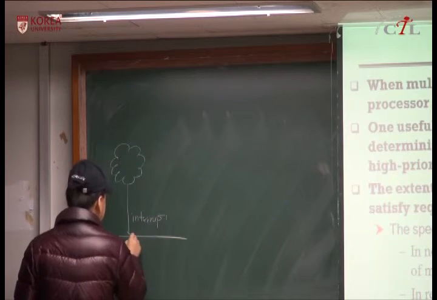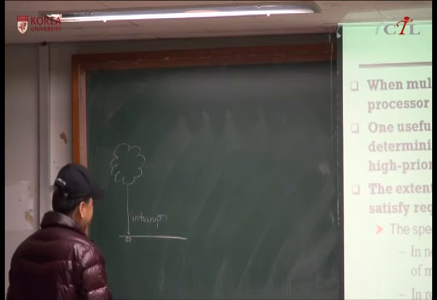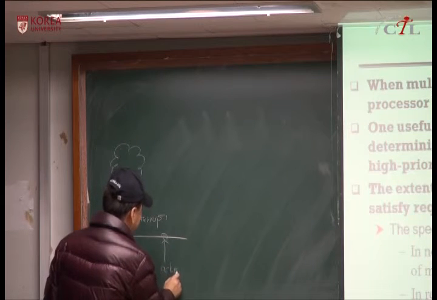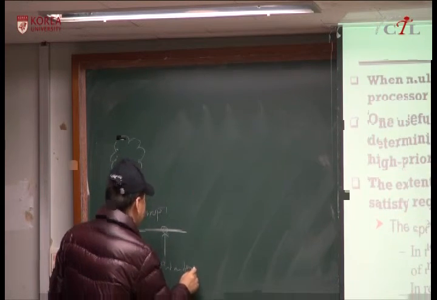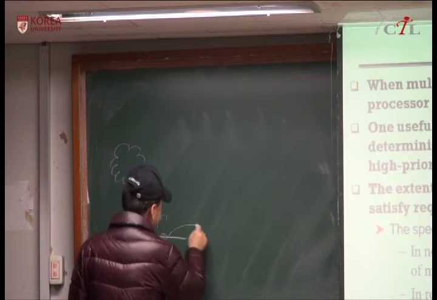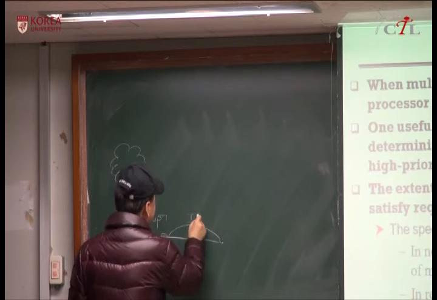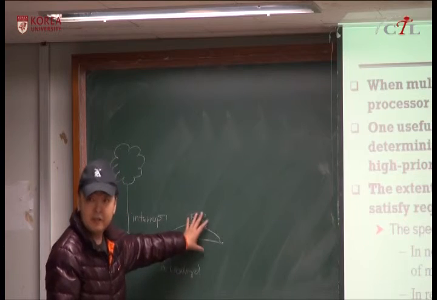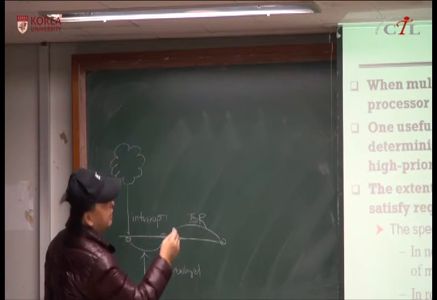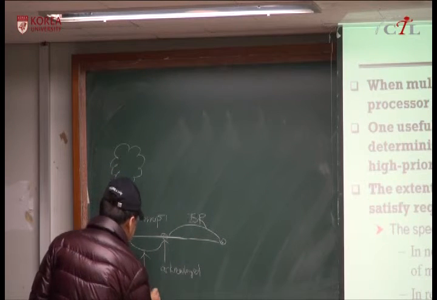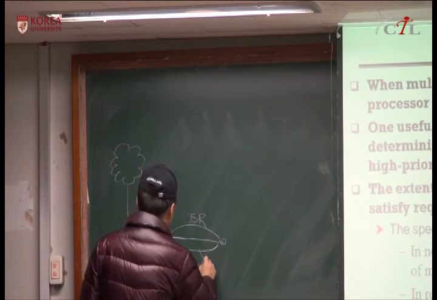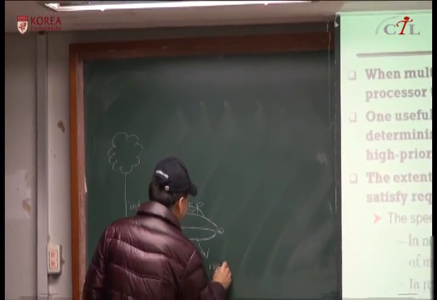So this is the time of interrupt arrival, and then this is the delay until the interrupt is acknowledged. After acknowledgement, you have to run the interrupt service routine. You have to handle this interrupt. And this delay is called determinism. And this delay is concerned with responsiveness.